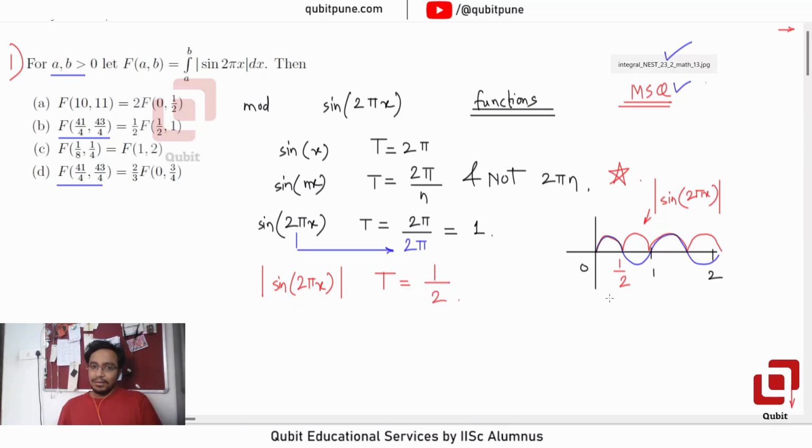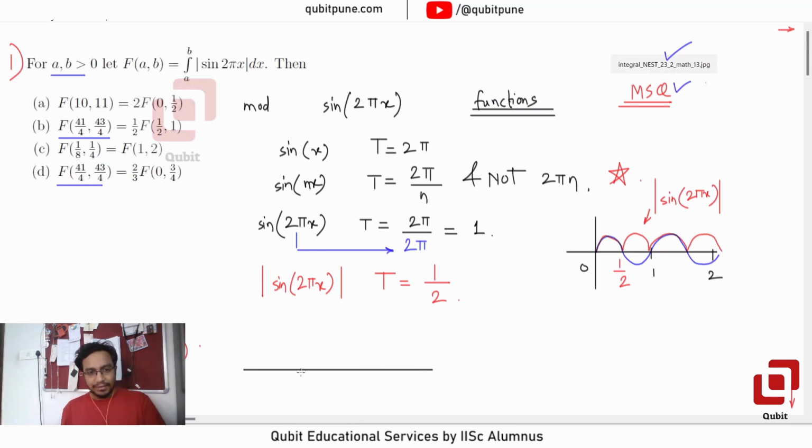Yes. So if you do this analysis correctly, then you can easily decide which of the options is correct and which is incorrect. Let us start with option A, wherein on the left hand side the lower limit is 10 and the upper limit is 11.